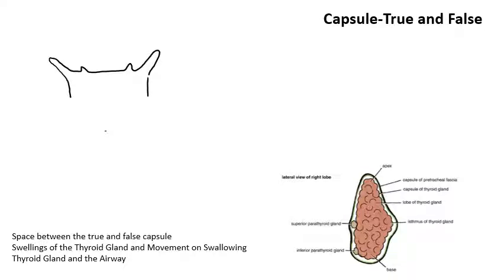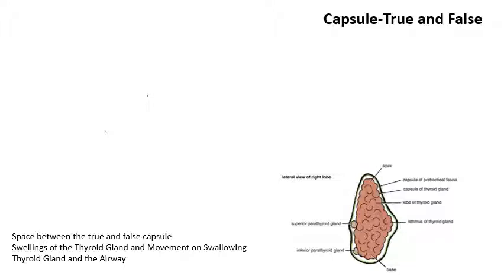Remember when you studied about the investing layer, the pretracheal layer, the prevertebral layer, we're going to draw the same diagram, but we're going to draw only the anterior part of it. We're not focusing so much on the muscles at the back of the posterior triangle, the floor of the posterior triangle, because we are bothered about the visceral component which is present in this particular diagram.